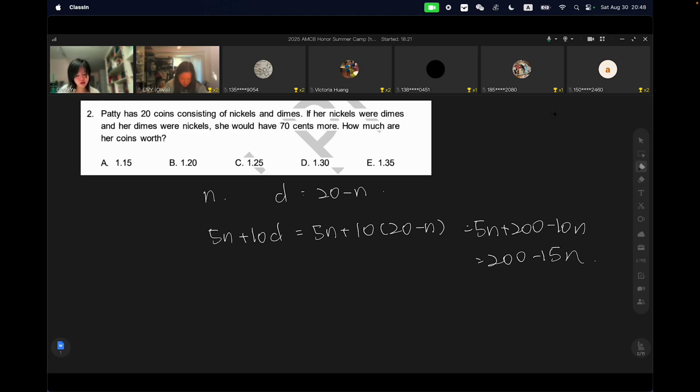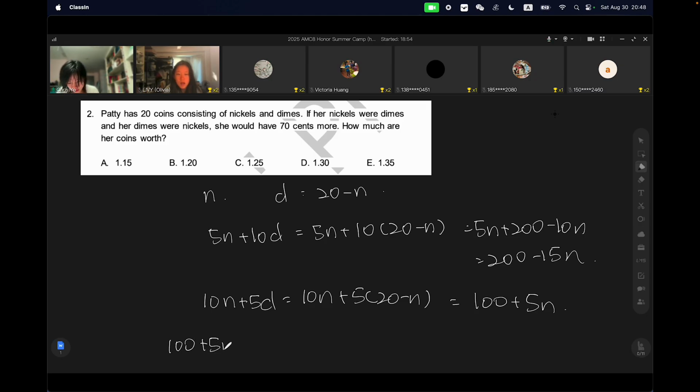And if her dimes were nickels, then it would end up being 10n plus 5d, which is 10n plus 5 times 20 minus n, and that would be 100 plus 5n cents. Wait, sorry. So it's basically saying that 100 plus 5n equals 200 minus 15n plus 70.